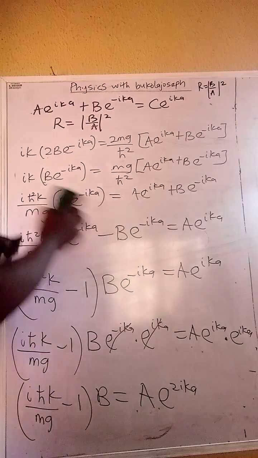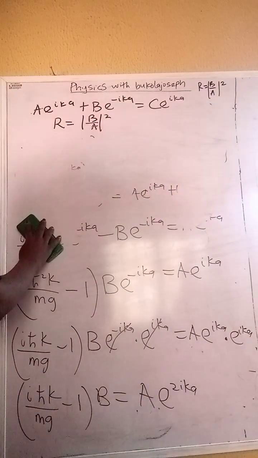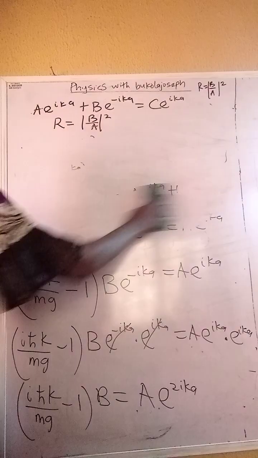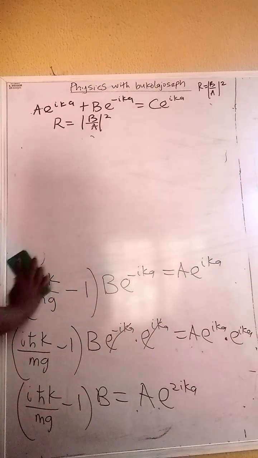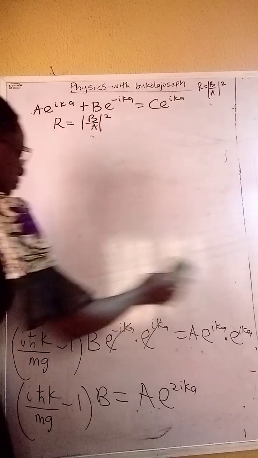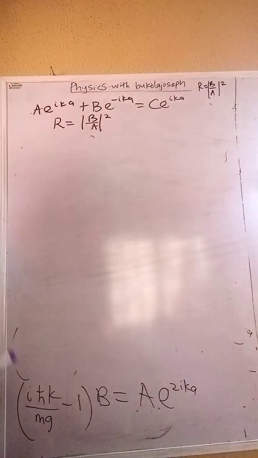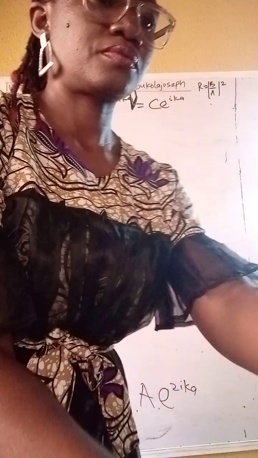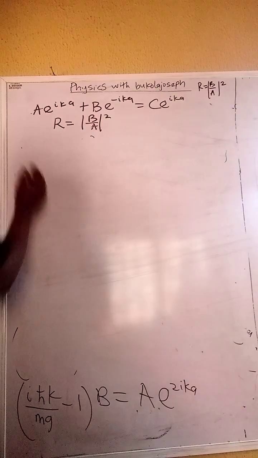Okay, so now let me wipe this upper part and then we'll continue from there. I hope you are seeing what I'm doing. I hope it's clear. So let's bring this up forward.